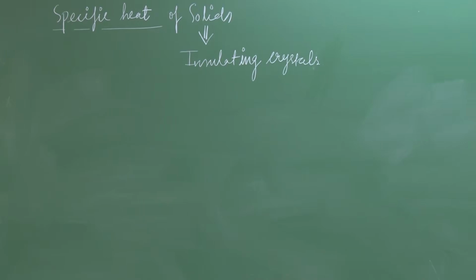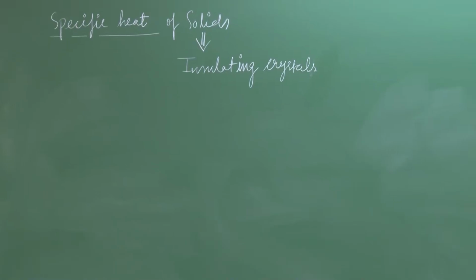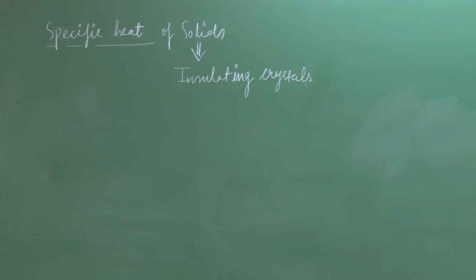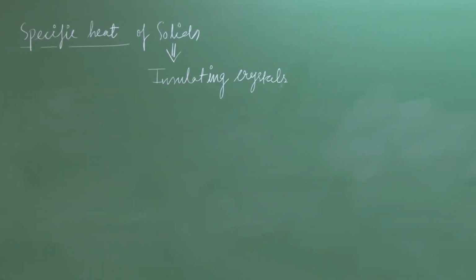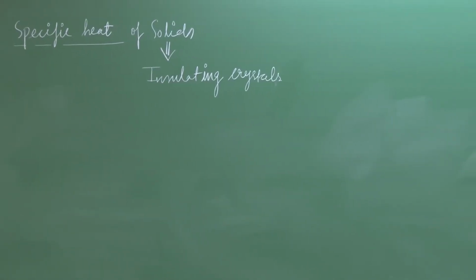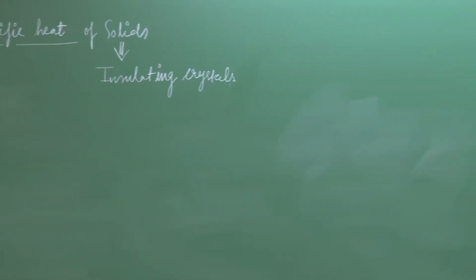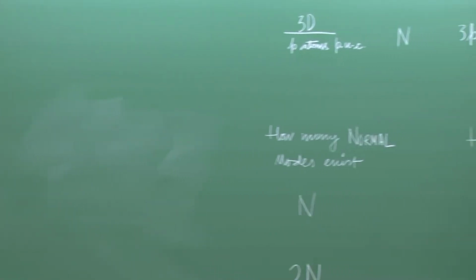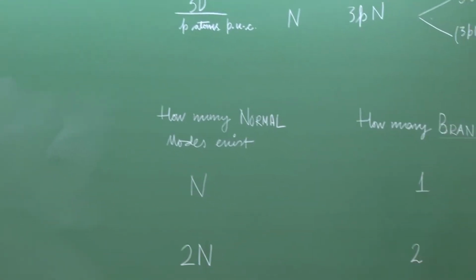Or molar specific heat, which is specific heat per mole of material. Right? The units will change. In the first case, it will be joule per kg per Kelvin. In the second case, joule per meter cube per Kelvin. In the third case, joule per mole per Kelvin.